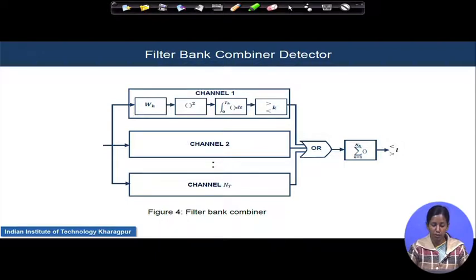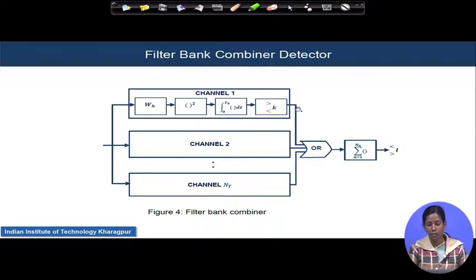The main difference of this filter bank combiner compared to your optimum detector shown in figure 3 is that instead of the scaling circuit, each channel has its own bandpass filter, square law detector and integrator, and then we introduce another threshold level, called K, which will detect whether there is a signal present in that channel or not. So basically it is a logical detection.